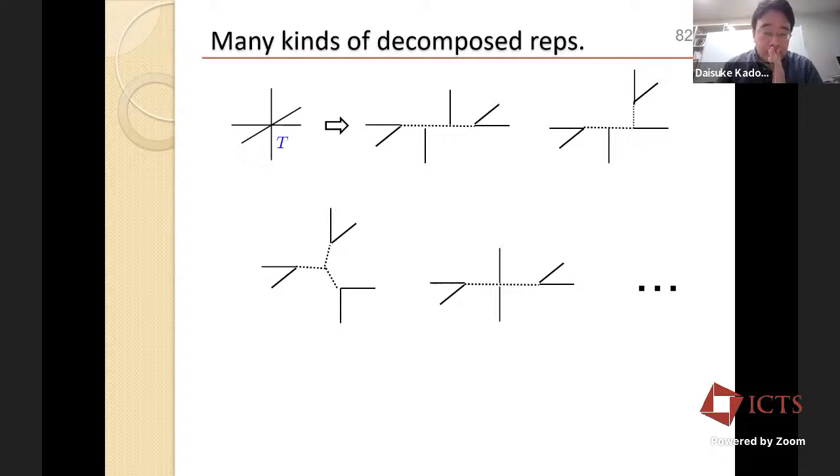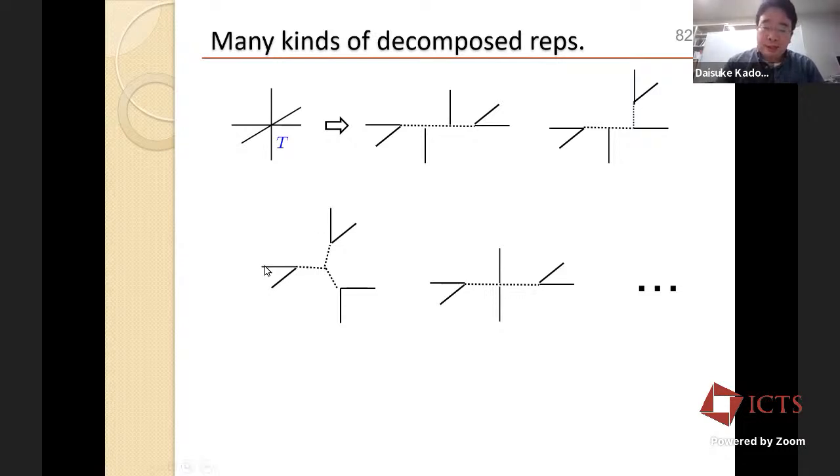Okay, so we formulated the triad TRG method using this kind of decomposed representation of a rank 6 tensor in 3 dimensions. However, there are many kinds of decomposed representations for a rank 6 tensor.